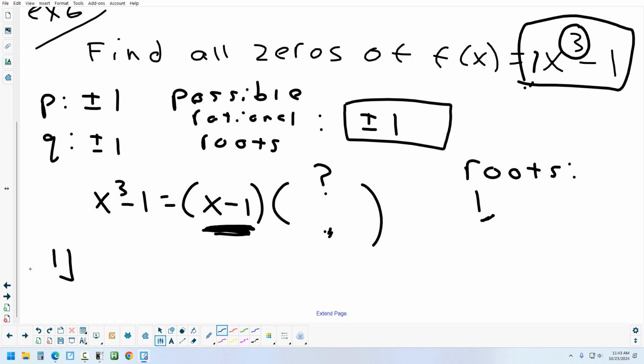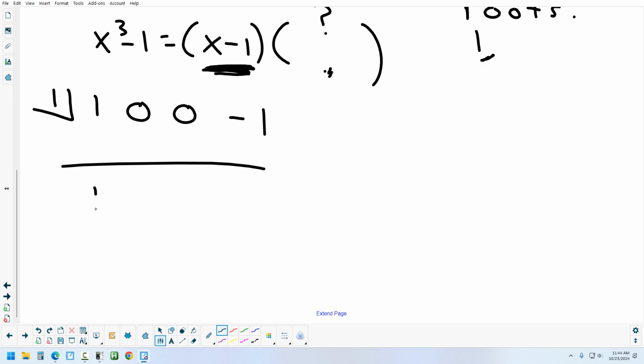So put the 1 on the outside. What would be my numbers on the inside? 1, 0, 0, -1. Forget the zeros, it will come out wrong. So you've got to put the zeros in. Okay, bring down the 1.